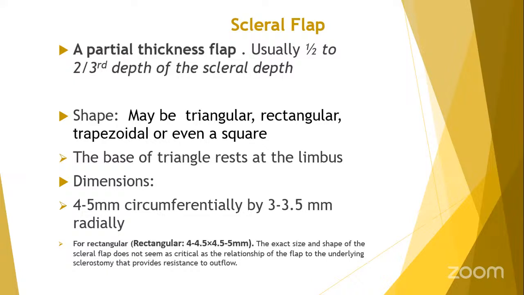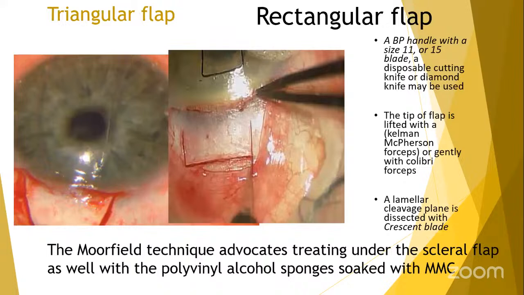But the exact size and shape are not as important as the relationship between the flap you have made and the sclerostomy that will follow after that. You can see in this photo the triangular flap, and it's the section of a triangular flap and a rectangular flap.